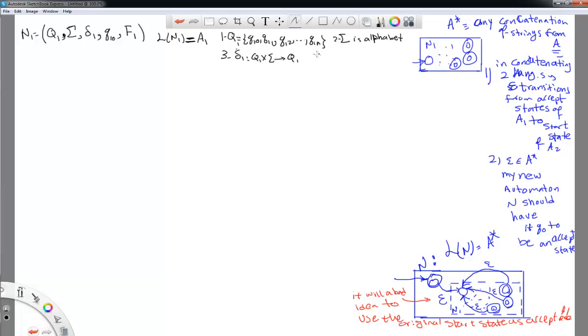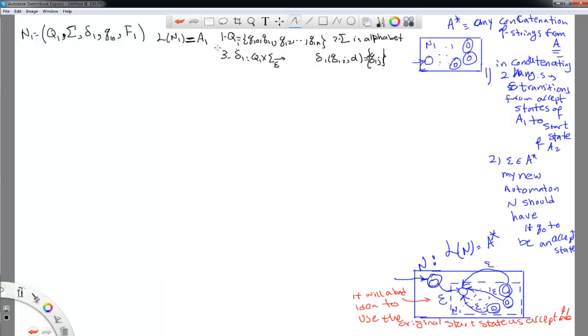And so effectively delta sub 1 of some q sub 1 i, comma, an alphabet symbol will be q sub 1 j. This shows a transition function, actually a set of q sub 1 j's, because it's a non-deterministic finite automaton. Actually, this is also epsilon. Oh, I'm wrong. Yes, you are absolutely quite right to laugh at me.